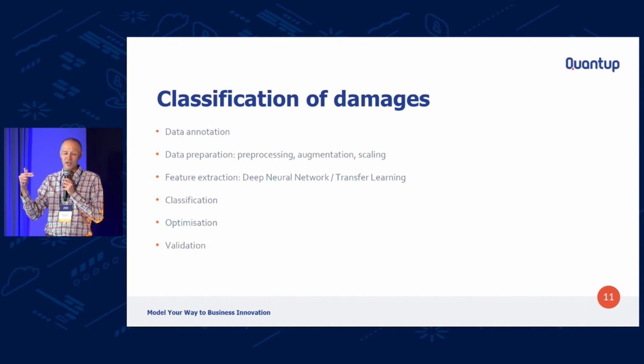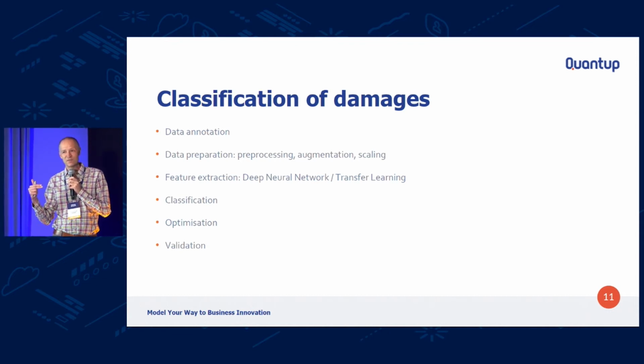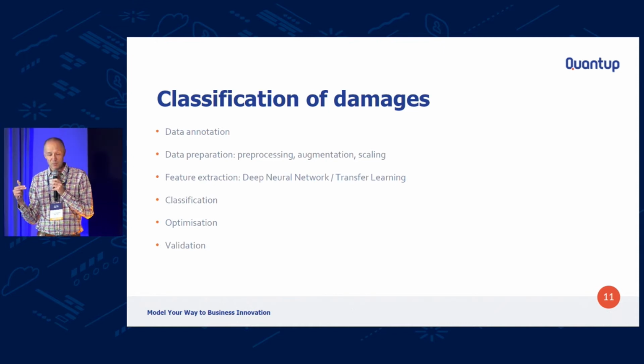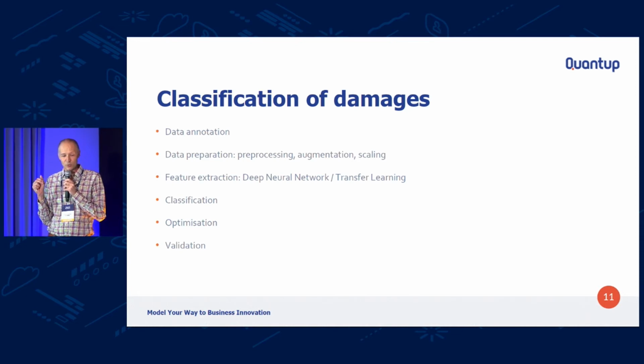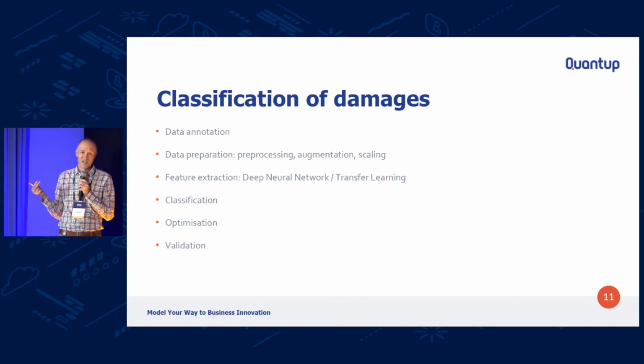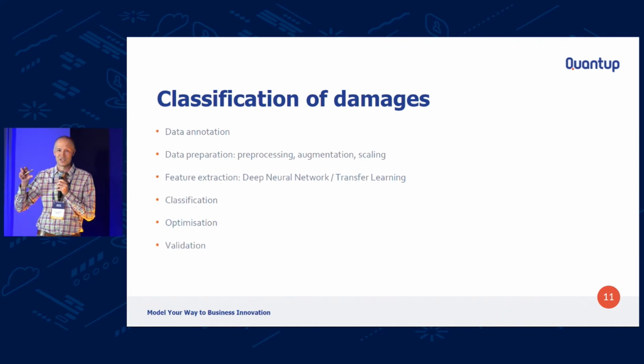So this was data preparation. And next comes feature extraction. It means we tell the algorithm, look at these properties, look at these areas. So this was feature extraction. We used some neural networks, but it's not important. It's completely technology agnostic.